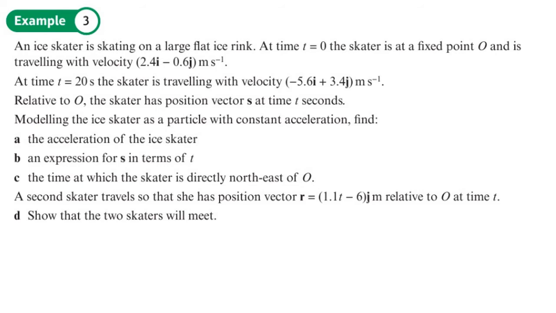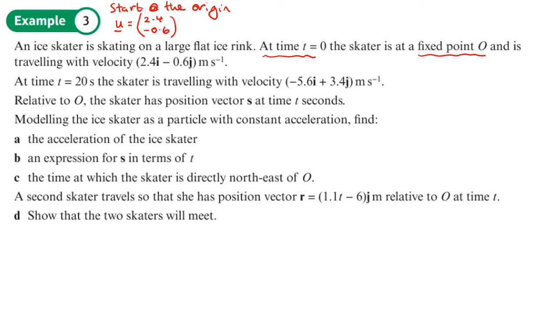So an ice skater is skating a large flat ice rink. At time 0, the skater is at a fixed point O, so that means that they start at the origin, and their velocity is that, so I'll call U, and write this as a column, 2.4 negative 0.6.